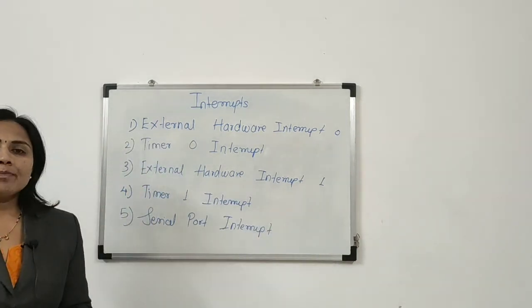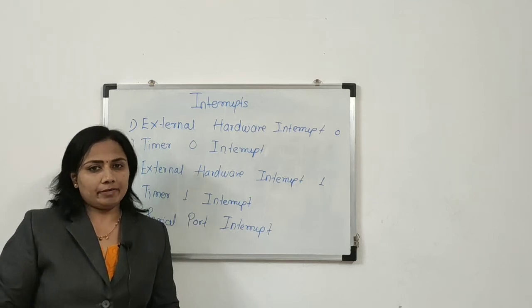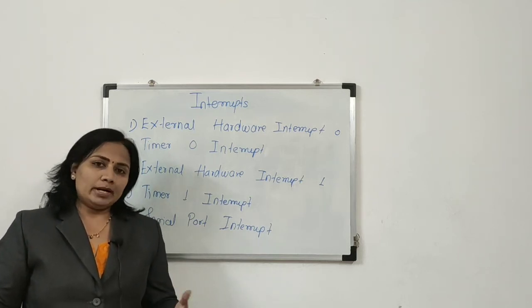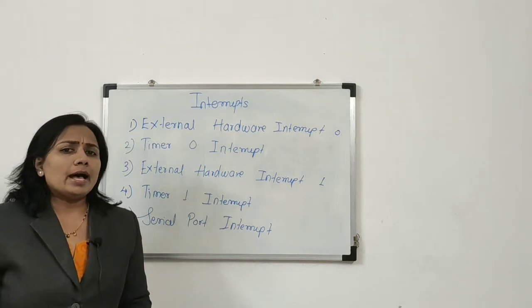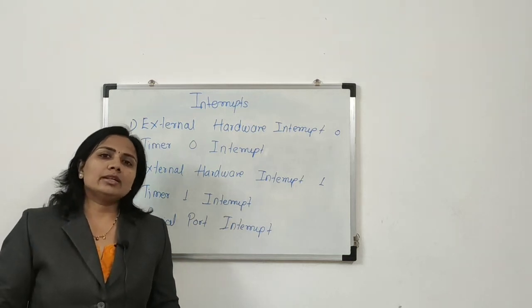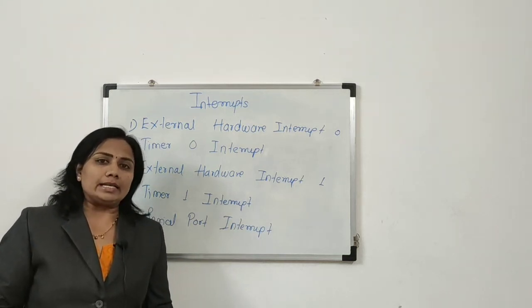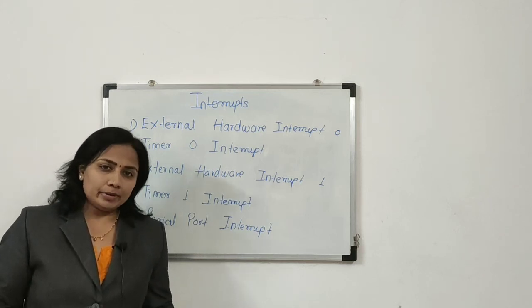So basically we will consider there are 5 interrupts in 8051 microcontroller, but some authors or some reference books will give you 6 interrupts, because they will include reset as one of the interrupts.